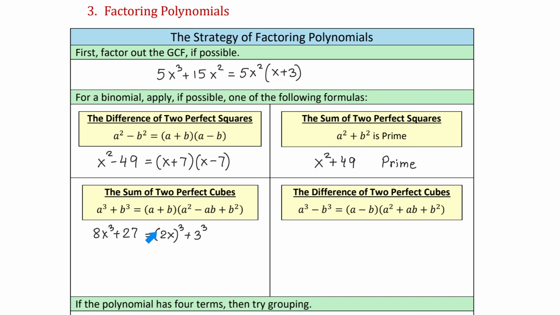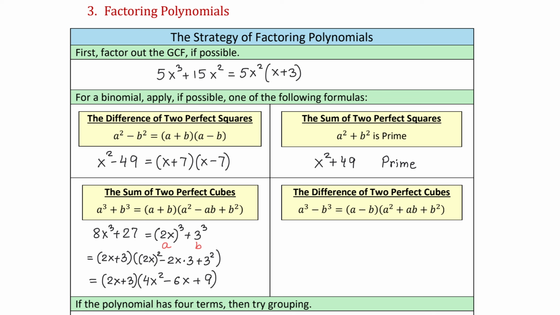Then if a is 2x and b is 3, then we can factor it as 2x plus 3 times 2x to the second power minus 2x times 3 plus 3 squared. Then we can bring down the first parenthesis, 2x plus 3. Then in the second, 2x to the second power is 4x squared. 2x times 3 is 6x, and 3 squared is 9.